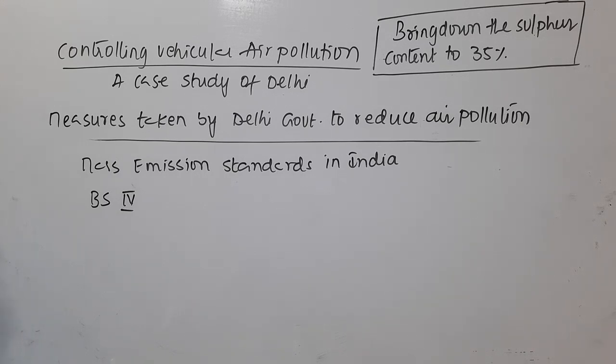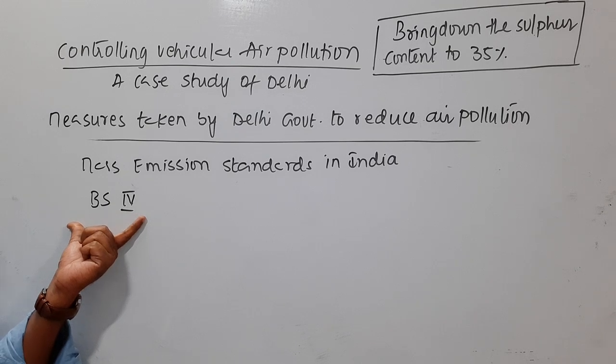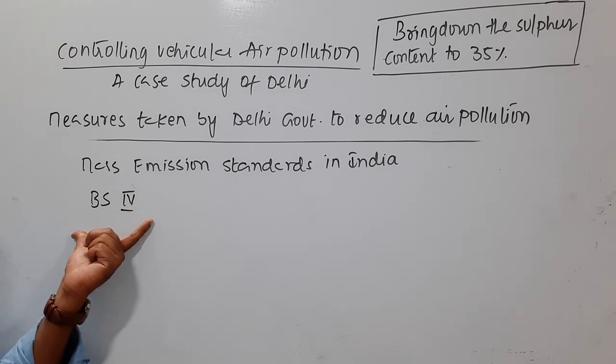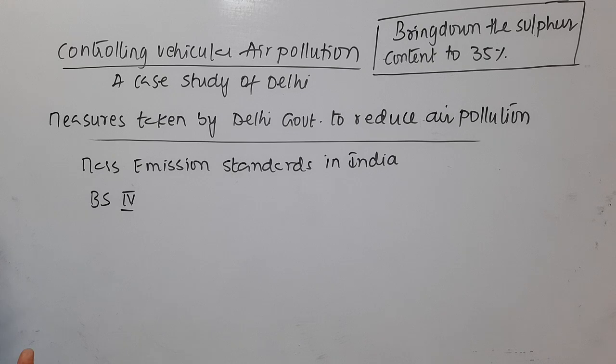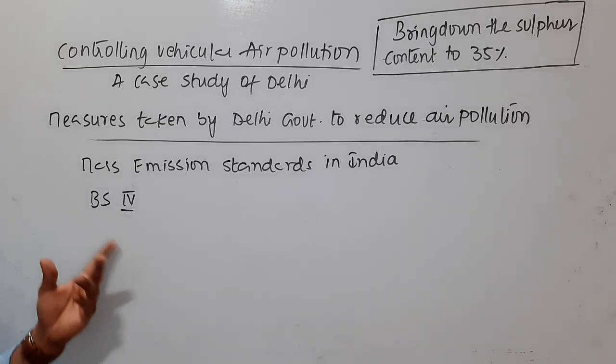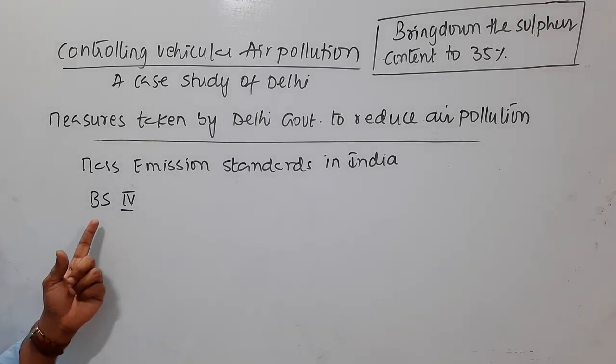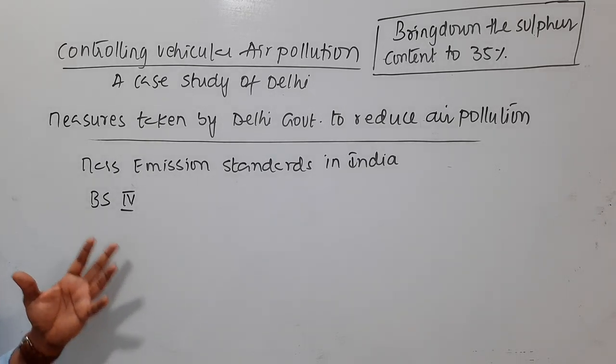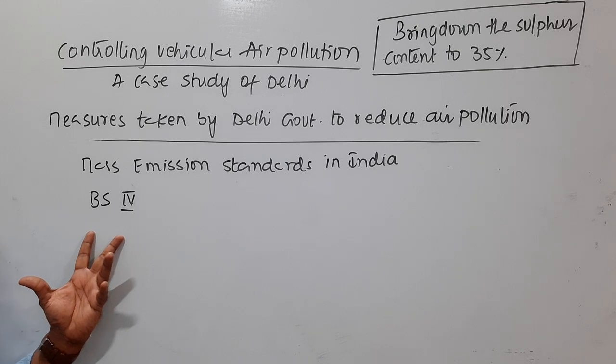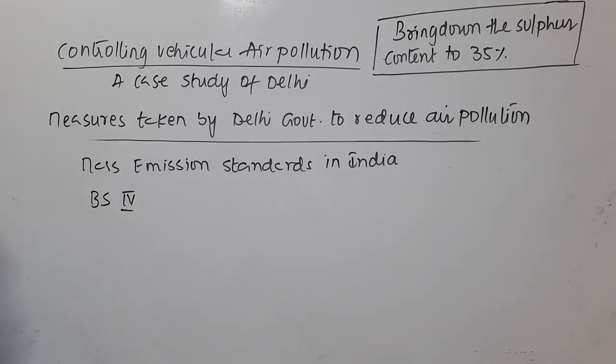On them you may definitely see labels like this, right, BS4, BS3 or BS2 and so on. If you happen to see it, it means that's an engine which runs with the Bharat standard 4 norms, or with the three norms.